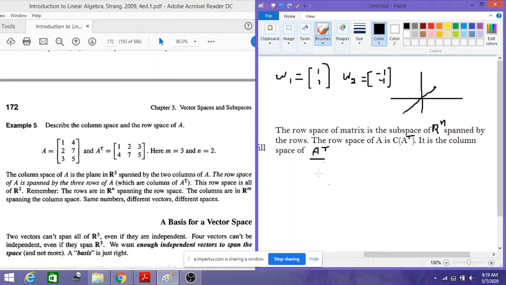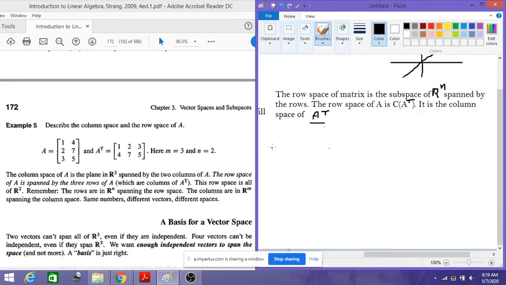Now for example, let's take a small example here. A has the values 1 4 2 7 3 5. Now we have to describe the column space and the row space.